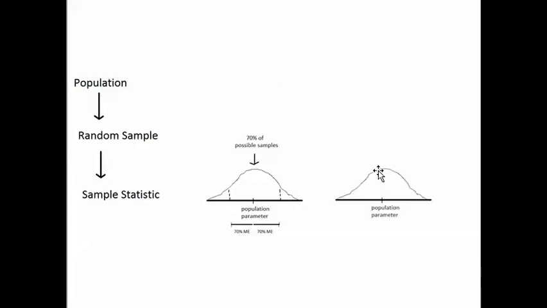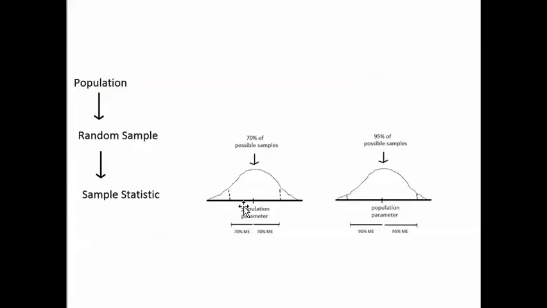Now let's look at another diagram. Now let's mark off this point down here and this point up here, and let's say that 95% of the possible samples are between these two boundaries. Well, if that's the case, then there's a 0.95 probability of getting a sample between these two boundaries, and the two distances would be the 95% margin of error.